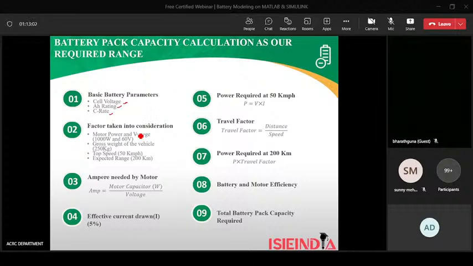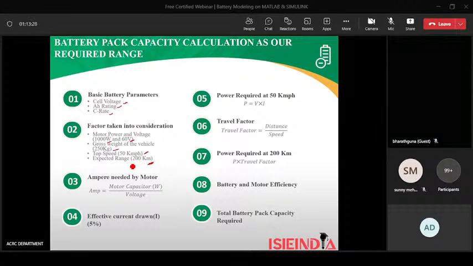The second one is the factors taken into consideration. Here I am taking a motor of power 1000 watt and 60 volts, the gross weight of the vehicle is 250 kg, the top speed is 50 km per hour, and the expected range is 200 km.